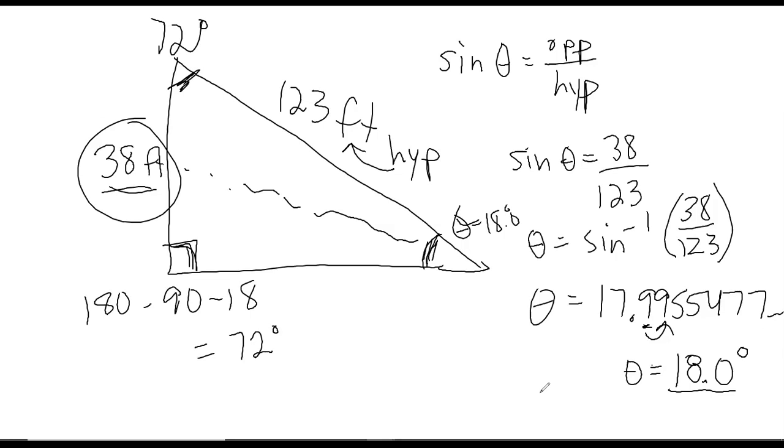And we do need the 0.0. It asks to the nearest 10th of a degree. There we go. So that's inverse sine. Inverse sine, just like inverse tangent, you just have a hypotenuse involved instead of both legs.